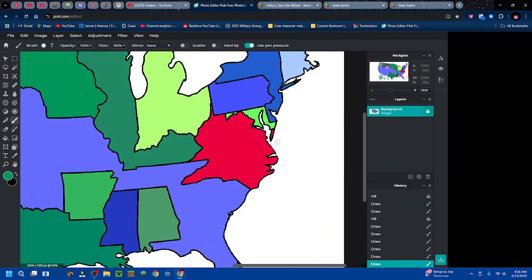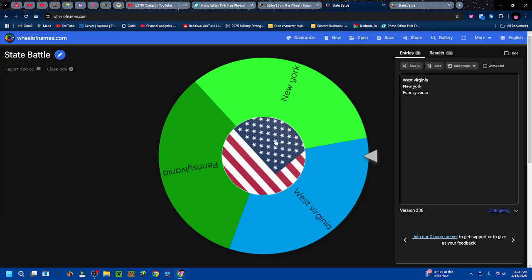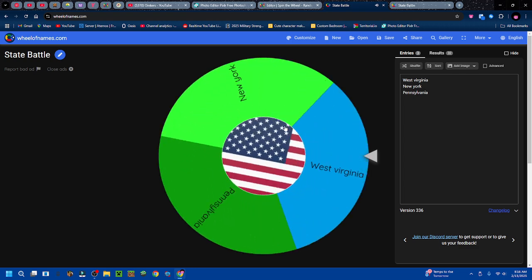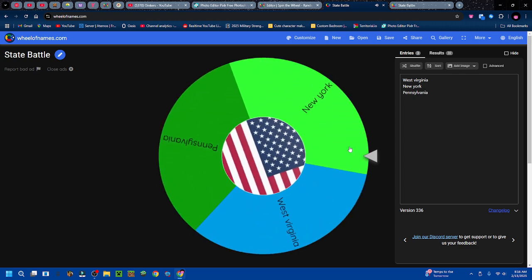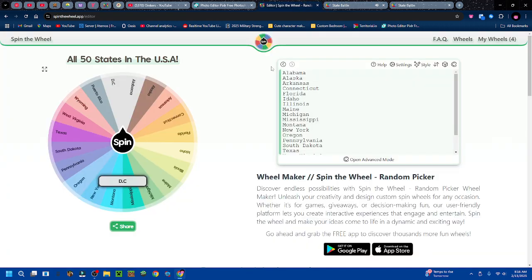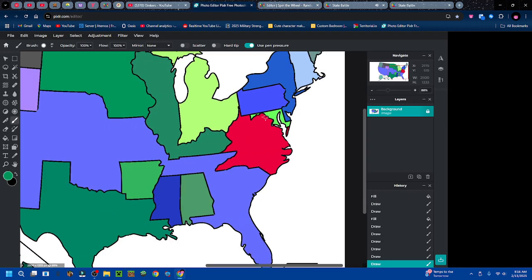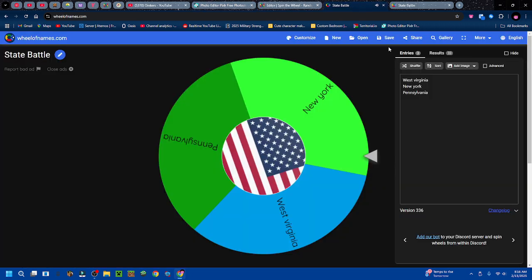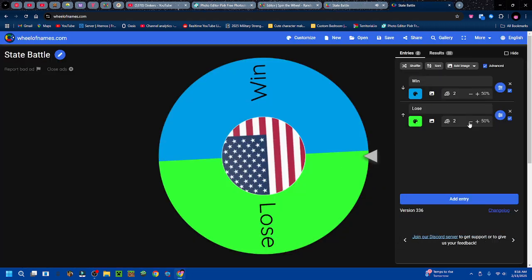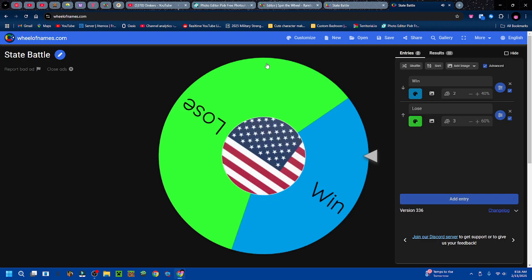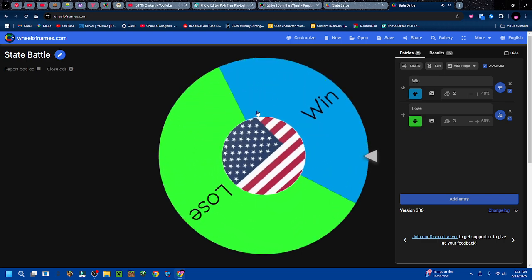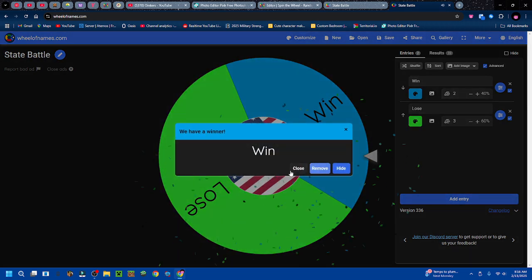Is that all? Yep. Who are they trying to attack? New York. New York owns 3 states. They own 2. So it's going to be a 2-3 battle. But it looks like DC is going to win against New York.